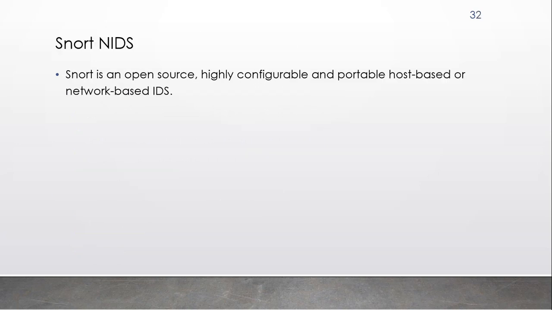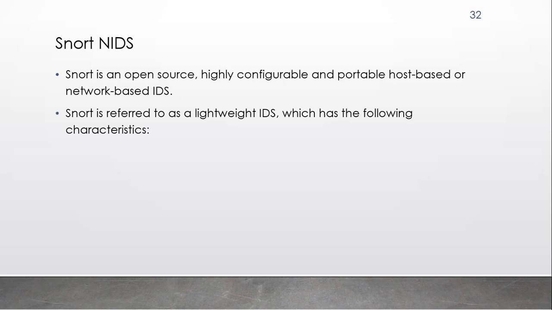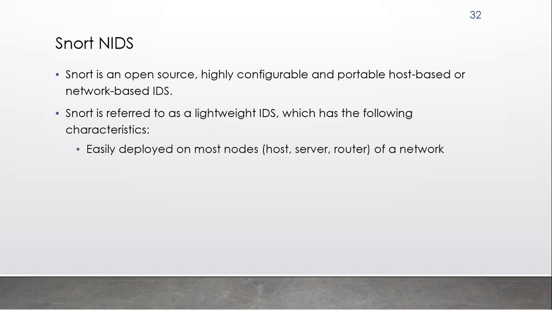And now we'll take a brief look at an available network intrusion detection system called Snort. Snort is an open source, highly configurable, and portable host-based or network-based IDS. Snort is referred to as a lightweight IDS and has the following characteristics. It's easily deployed on most nodes.